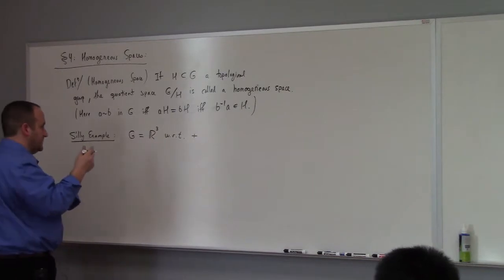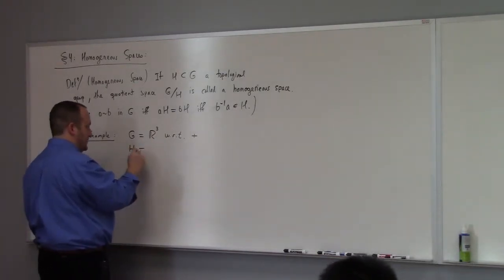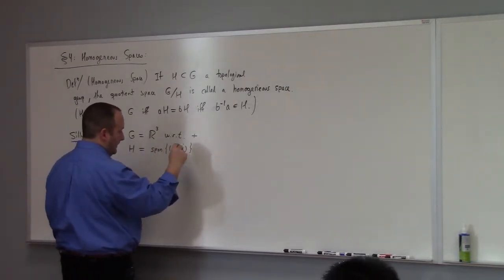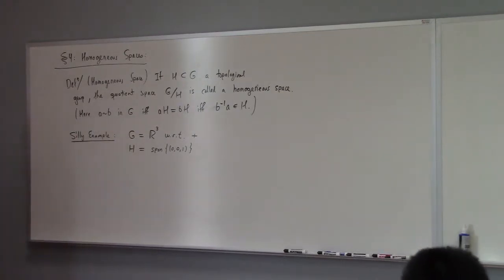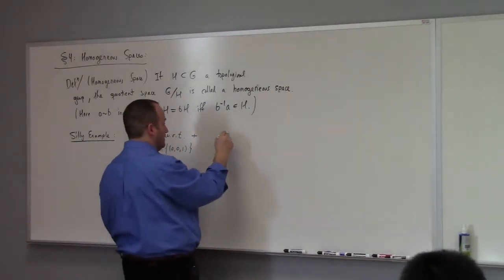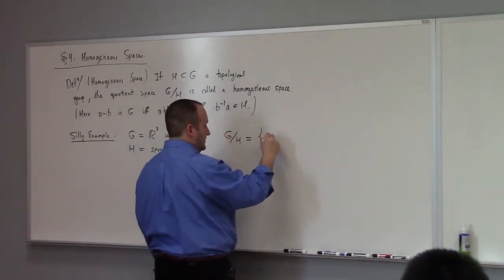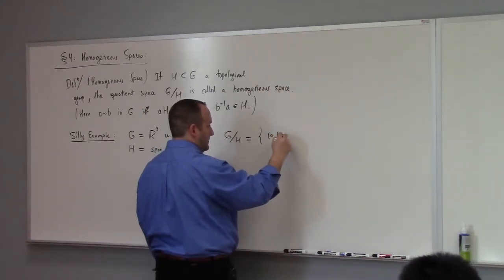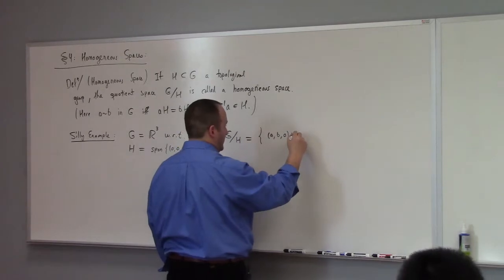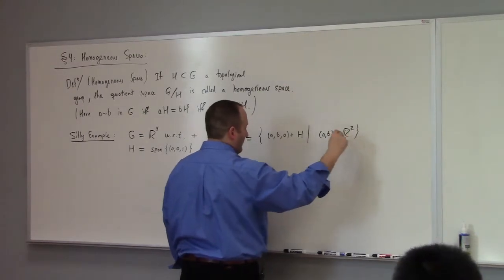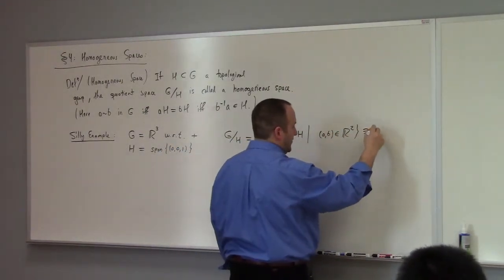H equals R^2? How about H equals the span of (0,0,1), right? Then what are we looking at? What's G mod H? We can look at it as (a, b, 0) plus H, right? And it's pretty clear that that's isomorphic, homeomorphic in fact, to R^2.